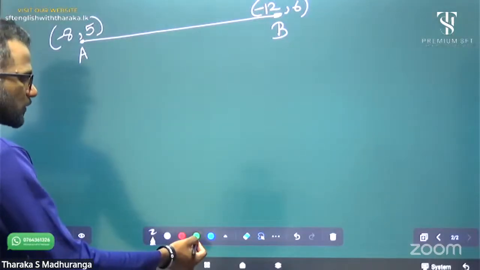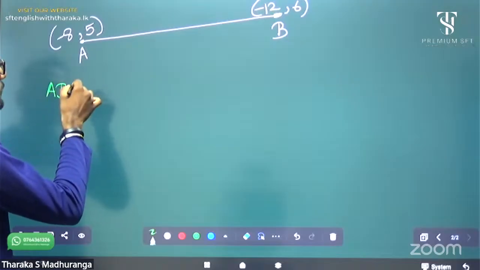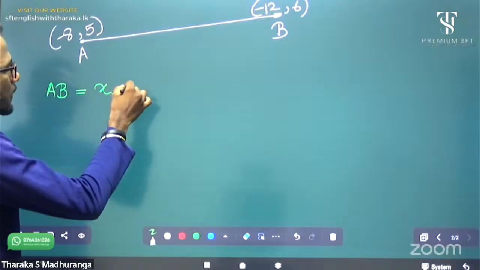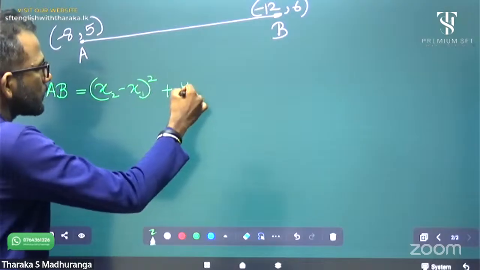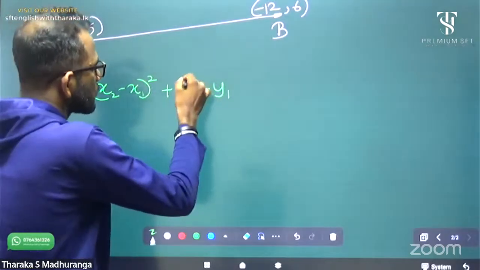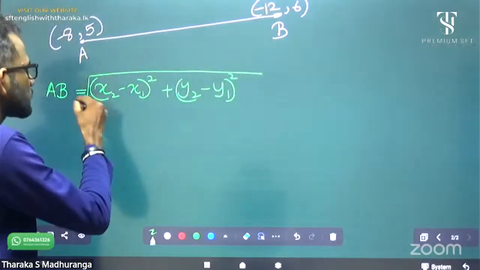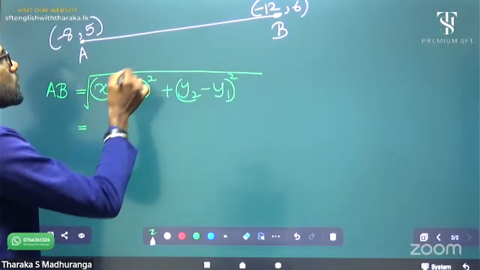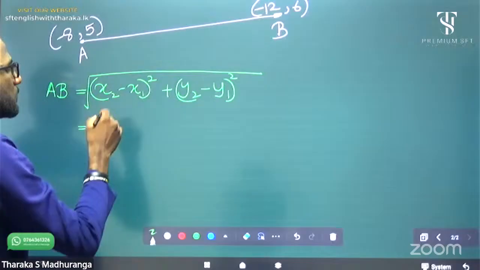Okay, what is the equation? The length of AB, or the distance between A and B, equals the square root of (x2 minus x1) squared plus (y2 minus y1) squared. Now, x2 minus x1 is minus 12 minus 8.